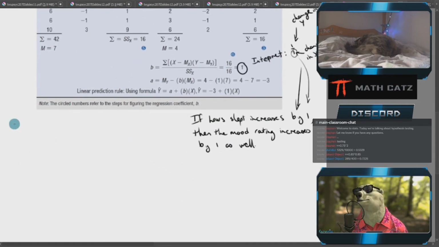Let's suppose we didn't get a B equal to 1. Let's suppose we got a B equal to 2.